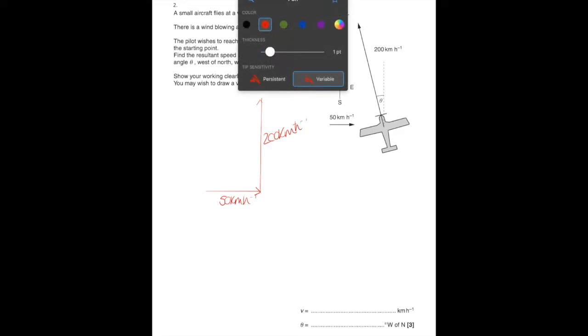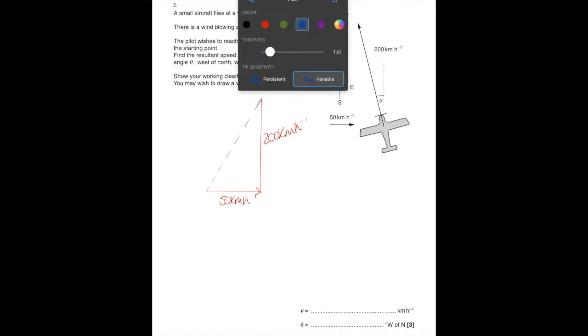The easiest way to do this is to say, what is our resultant? And we know that our resultant is our hypotenuse. So we've got 50 squared plus 200 squared gives us our velocity squared. So our velocity squared comes out at 42500, giving us a velocity of 206 kilometers per hour.